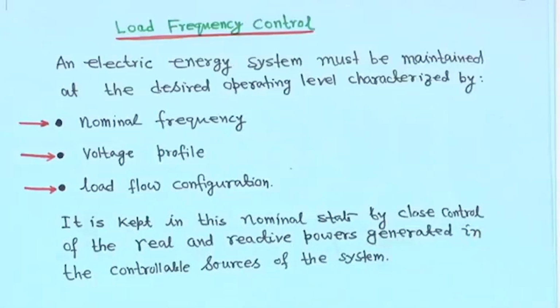Similarly, if there is a small change in reactive power, then voltage magnitude will be affected, but it leaves the voltage angle delta or the frequency. So, these two things are totally decoupled for small changes. Similarly, the same philosophy will be applied here.